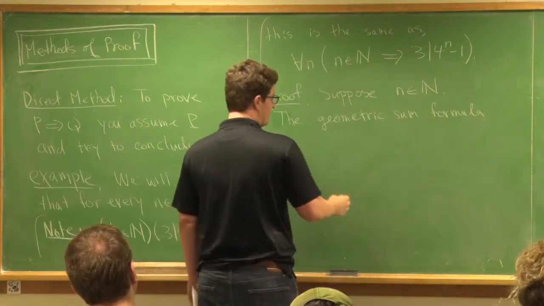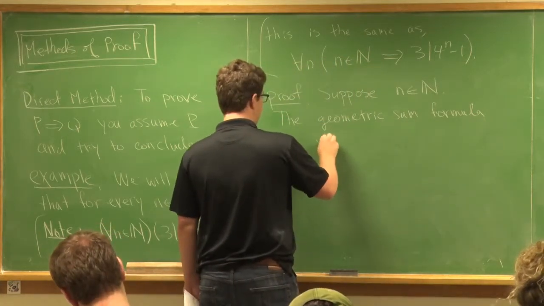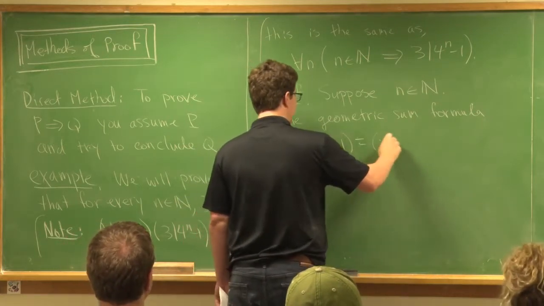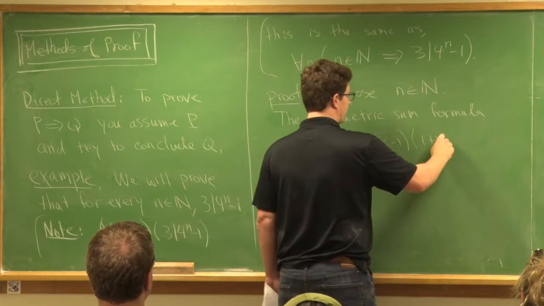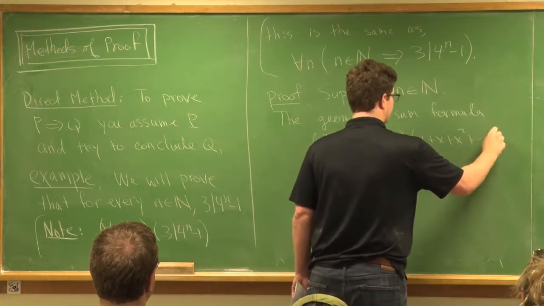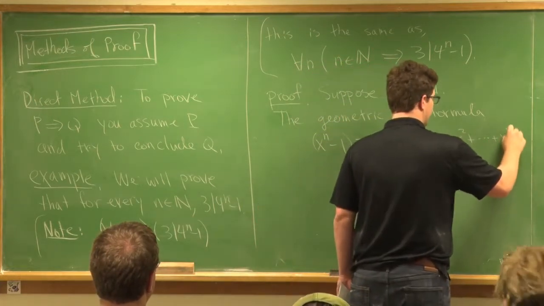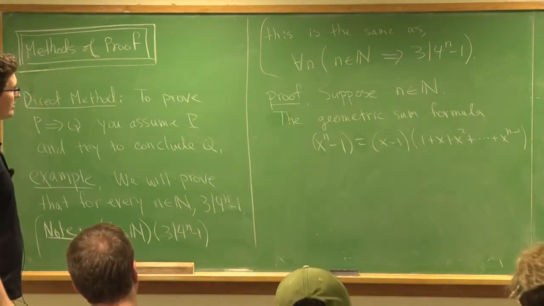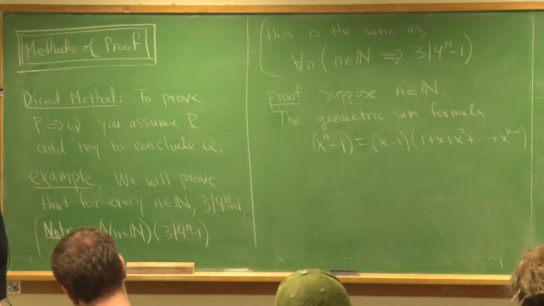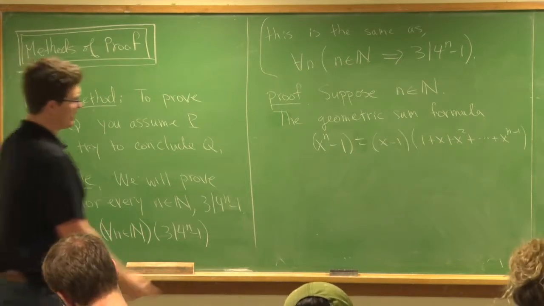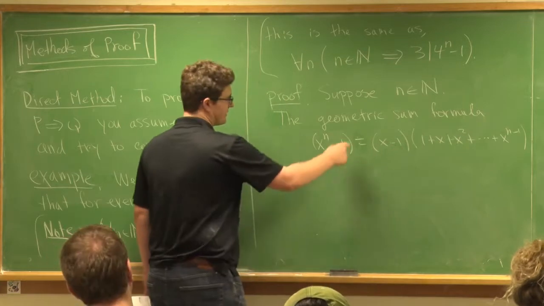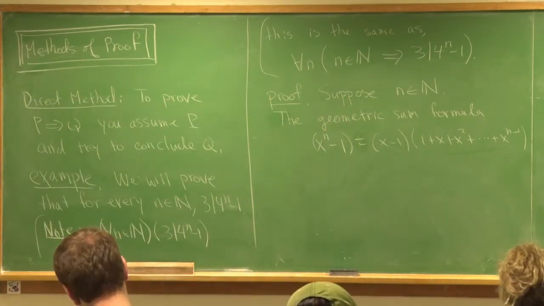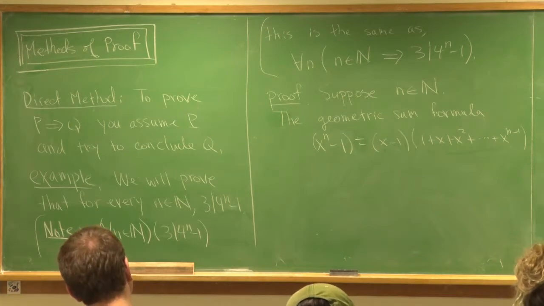The geometric sum formula gives the following. It says that x to the n minus 1 is equal to x minus 1 times 1 plus x plus x squared plus all the way up to x to the n minus 1. This is a formula from Calc 2. It may be more familiar if you divide, and then it gives you a formula for summing that sequence.